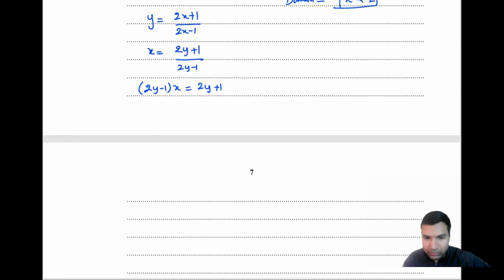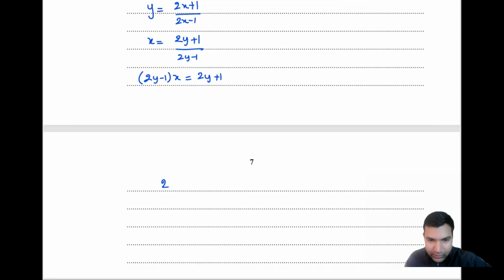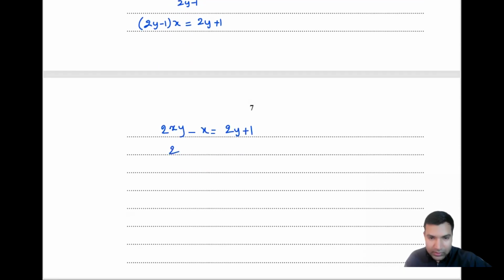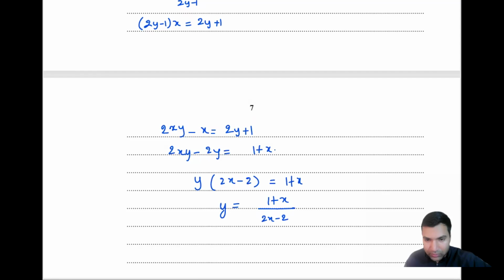So if you open the brackets, you get 2xy minus x is equal to 2y plus 1. Take the like terms to one side. So 2xy minus 2y equal to 1 plus x. Take y common. So you get y times 2x minus 2 equal to 1 plus x. All right. And therefore y is equal to 1 plus x over 2x minus 2.